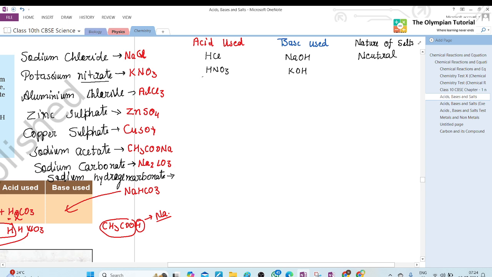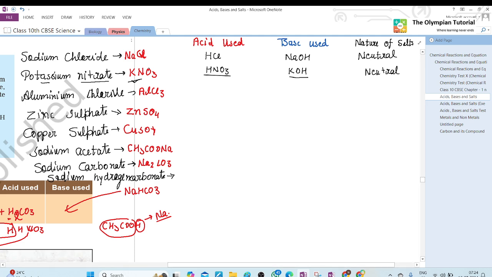Nitrate radical comes from nitric acid, and potassium means potassium hydroxide. Salt formed is KNO3. Can you tell me the nature of the salt? It's also neutral, because both are strong. Okay.